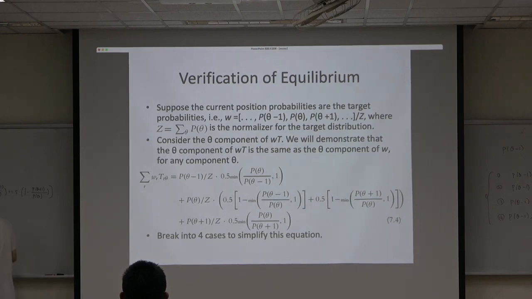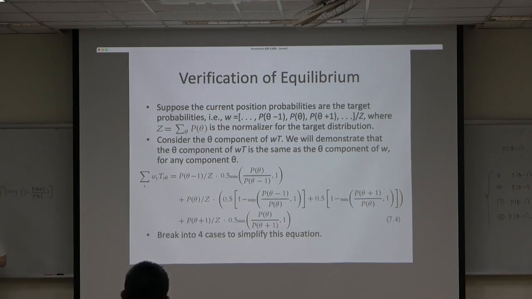So let's try to simplify this. Again, we can put this into this parenthesis, and that means we cancel all this. This one becomes p theta. Same thing, this one we cancel all this, this one becomes p theta. And we get a z and 0.5 out of here. So the first term we have p theta minus 1.